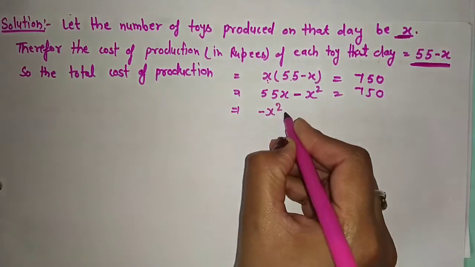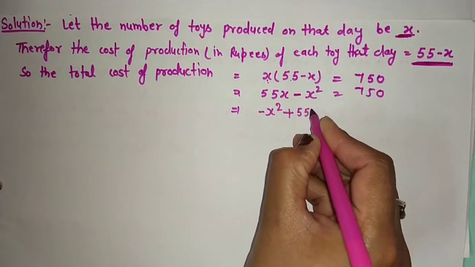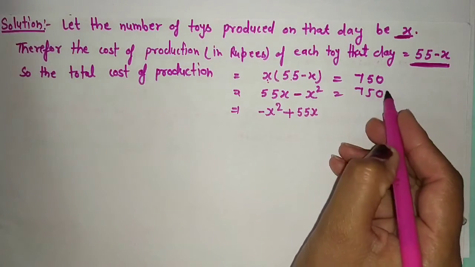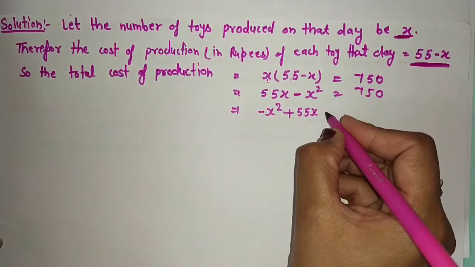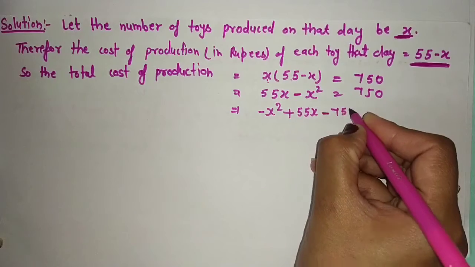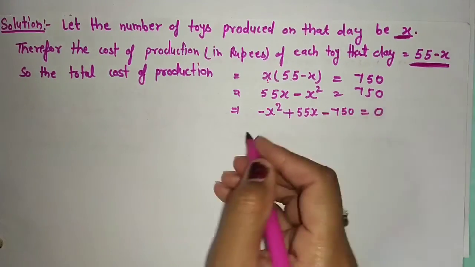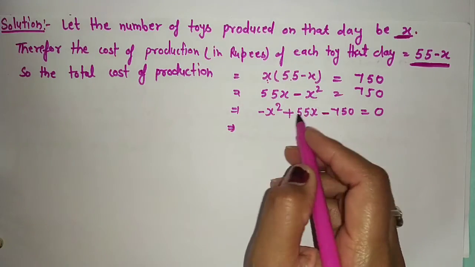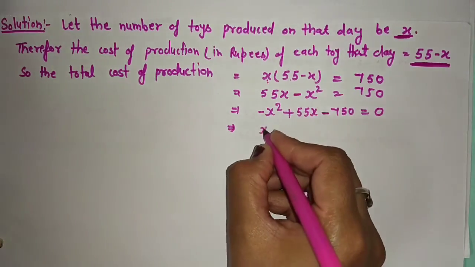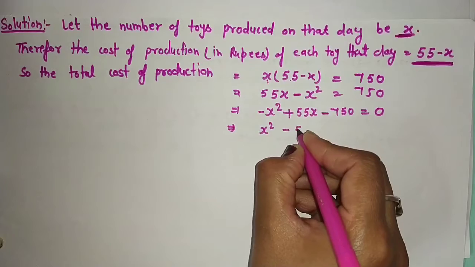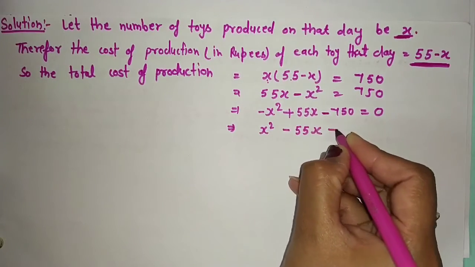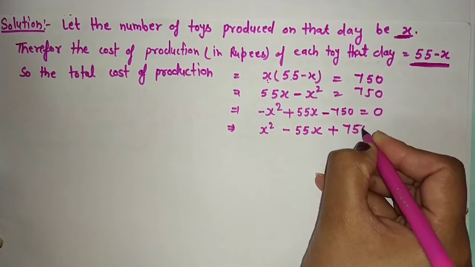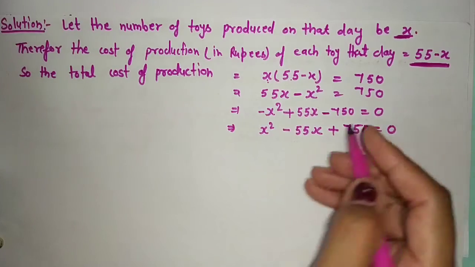Minus x square plus 55x. By transferring 750 to the LHS, it becomes minus 750 is equal to 0. By multiplying the equation throughout by minus 1, we get x square minus 55x plus 750 equal to 0.